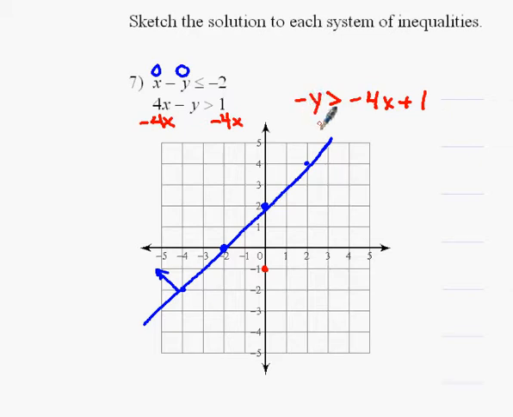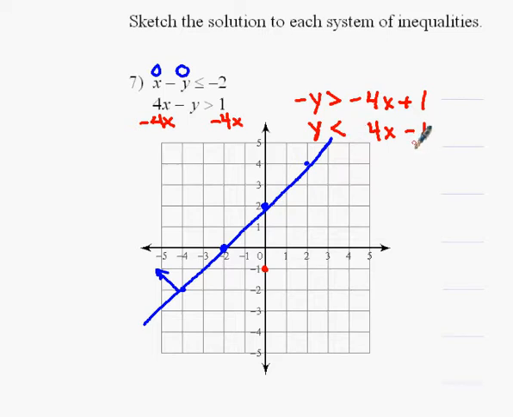Negative y divided by negative 1 gives you positive y. Negative 4x divided by negative 1 gives you positive 4x. Negative 1 divided by negative 1 gives you negative 1. Don't forget, though, because I multiplied or divided by a negative number, I have to turn the sign of the inequality around. Okay? A lot of people forget that.